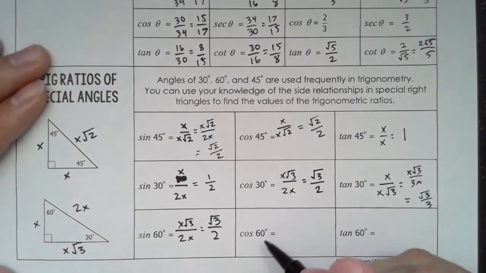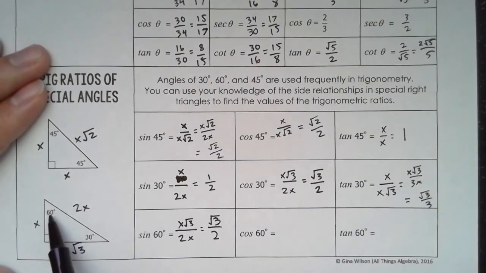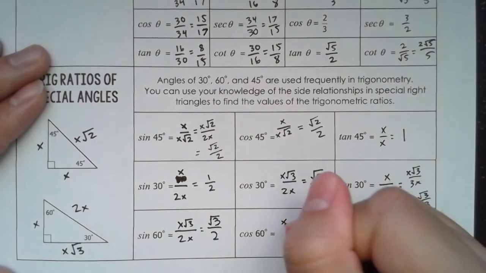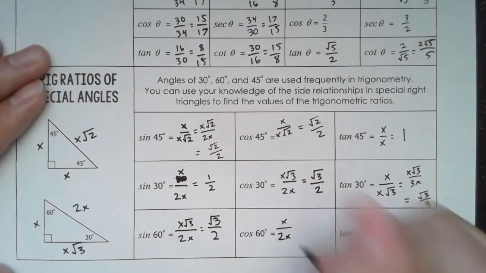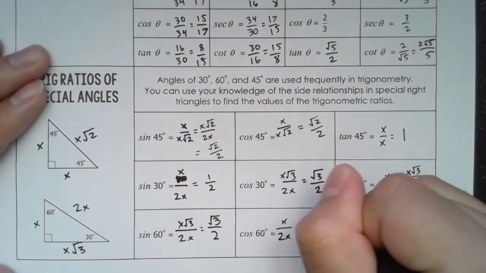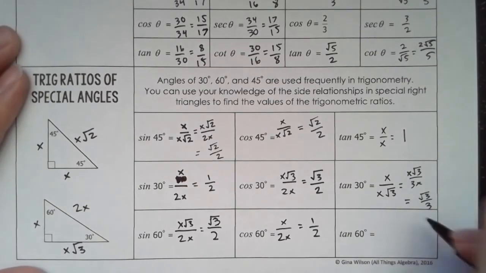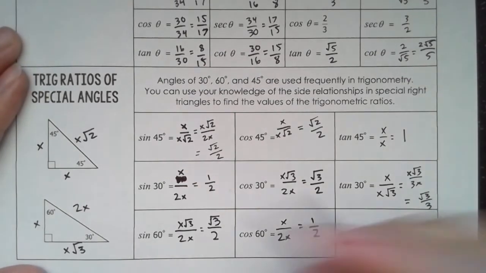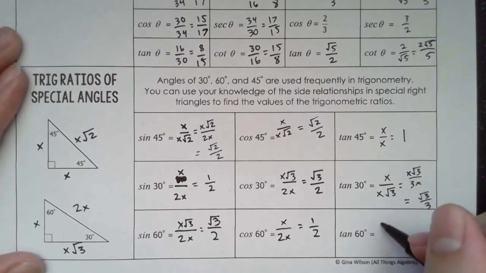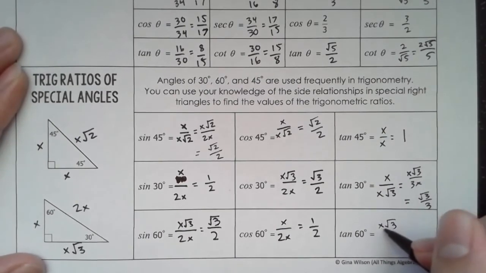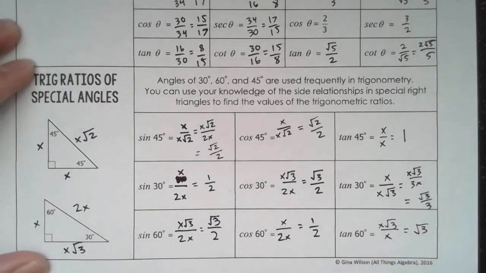And then cosine 60, adjacent x over hypotenuse 2x, that simplifies to 1/2. And you might have noticed something already with this row compared to this one. And then finally tangent 60 is opposite x square root of 3 over adjacent x, and that simplifies to square root of 3.